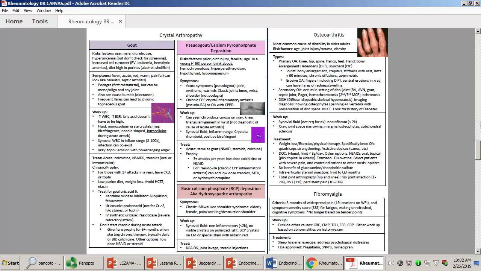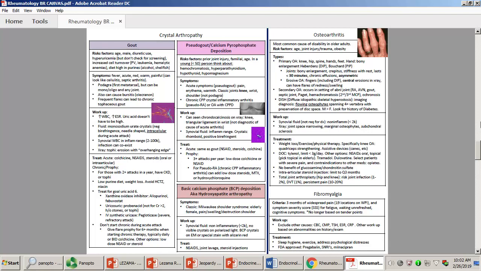So hemochromatosis, hyperparathyroidism, hypothyroidism, and hypomagnesemia can all lead to pseudogout, or CPPD is what we call it in and of itself. Particularly hemochromatosis and hyperparathyroidism. Always have that in the back of your head as being systemic causes of leading to CPPD.